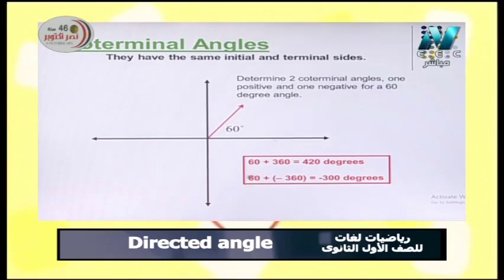Then we add 60 to negative 360. Negative means we turn the opposite way, in the clockwise direction, so it is 60 plus negative 360, which equals negative 300 degrees.